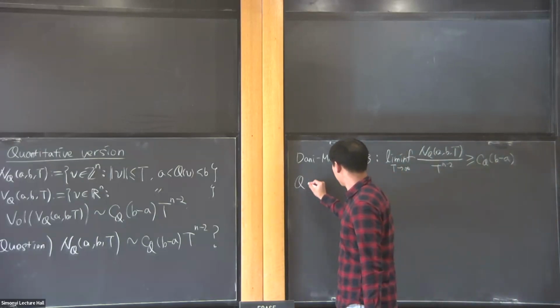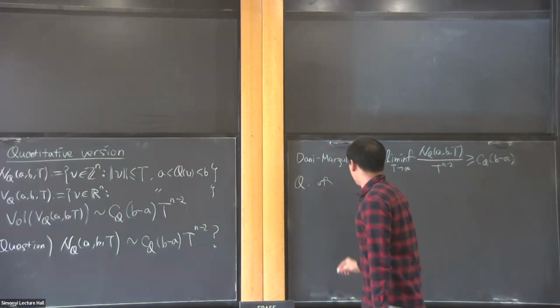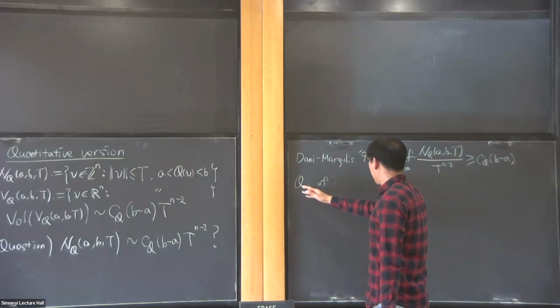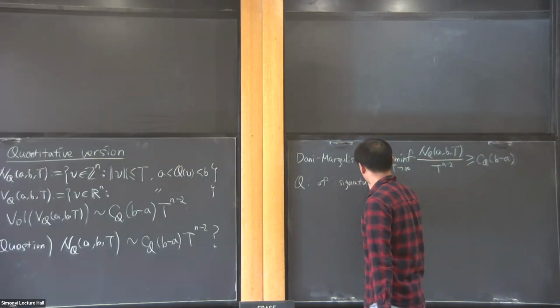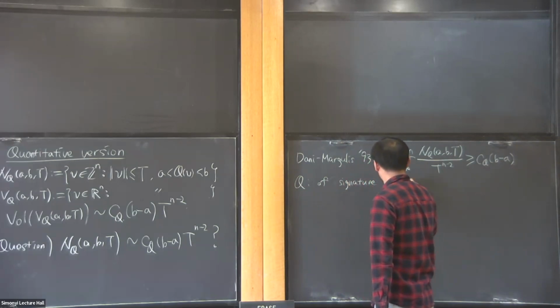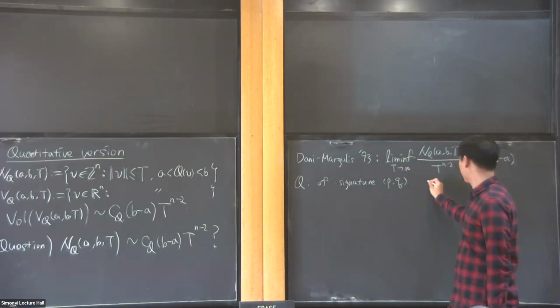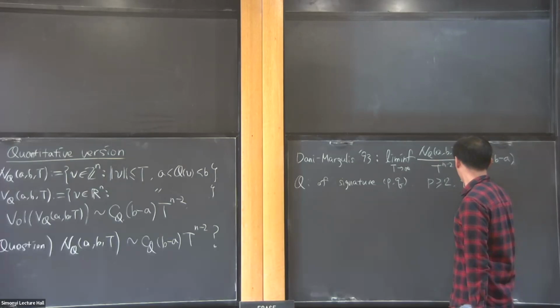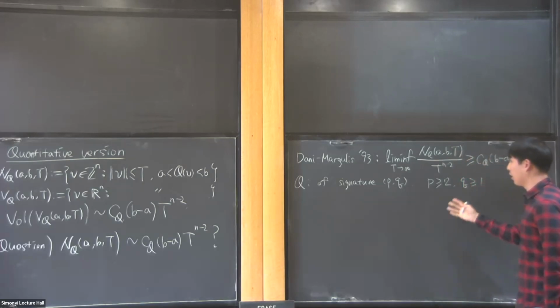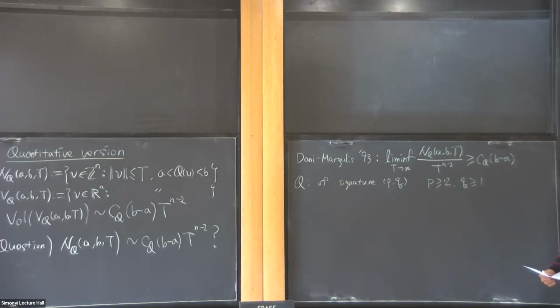So let me write: our quadratic form is of signature (p, q), and p is at least 2 and q is at least 1, as Q is indefinite.